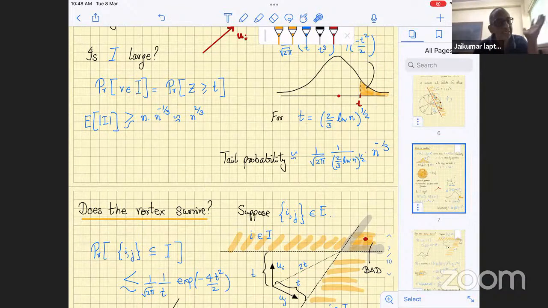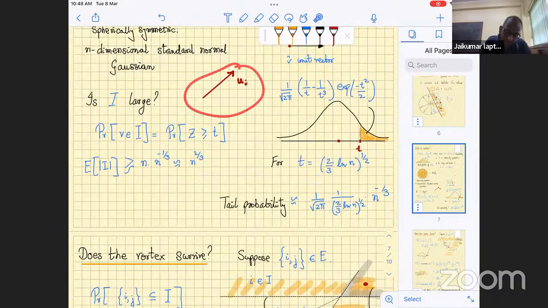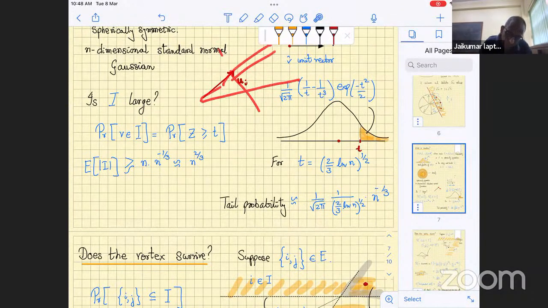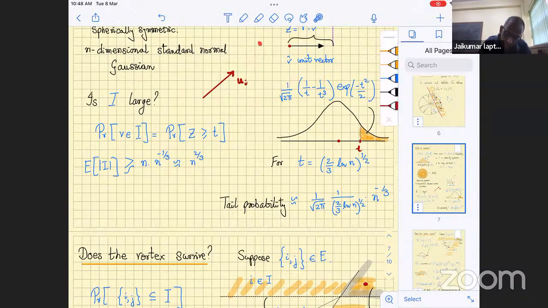We are not saying that things are independent. Each vertex has its own unit vector, and the probability that the gamma vector makes a big enough dot product in the direction ui is at least this much. A very small number, n to the minus 1/3, but we have a lot of vertices. So we get n to the 2/3.